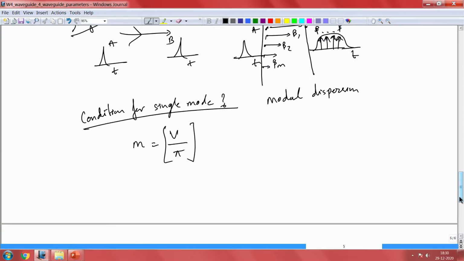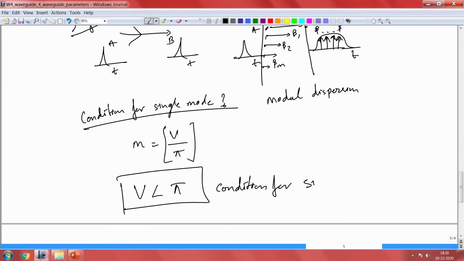That means your V should be less than pi. This is the condition for single mode. The rest of the things are all higher order modes.